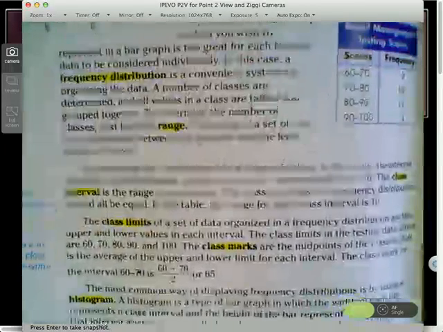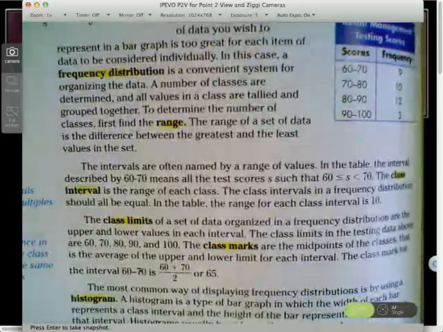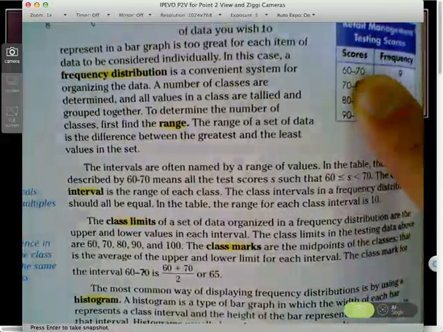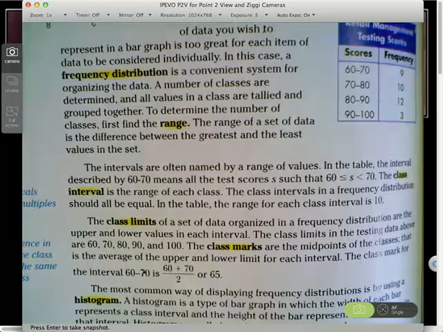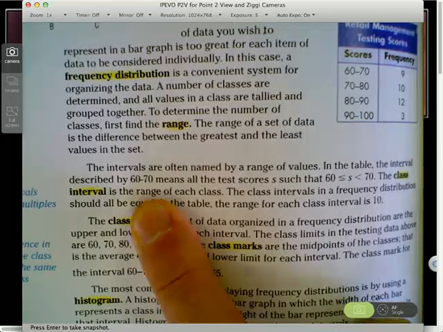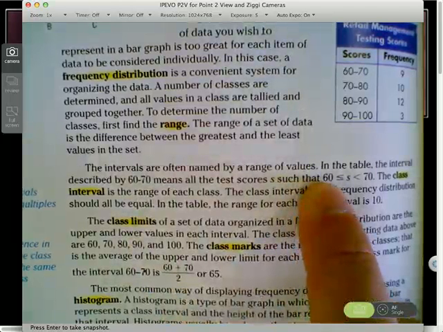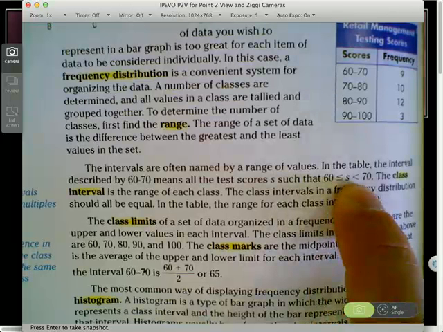So regarding these classes, the class interval is the range of each class. And a very important distinction here: not all data sources or publications use this exact format, but at least for us, if I talk about a class of 60 to 70, I'm referring to that as being equal to or greater than 60, but less than and not inclusive of 70.